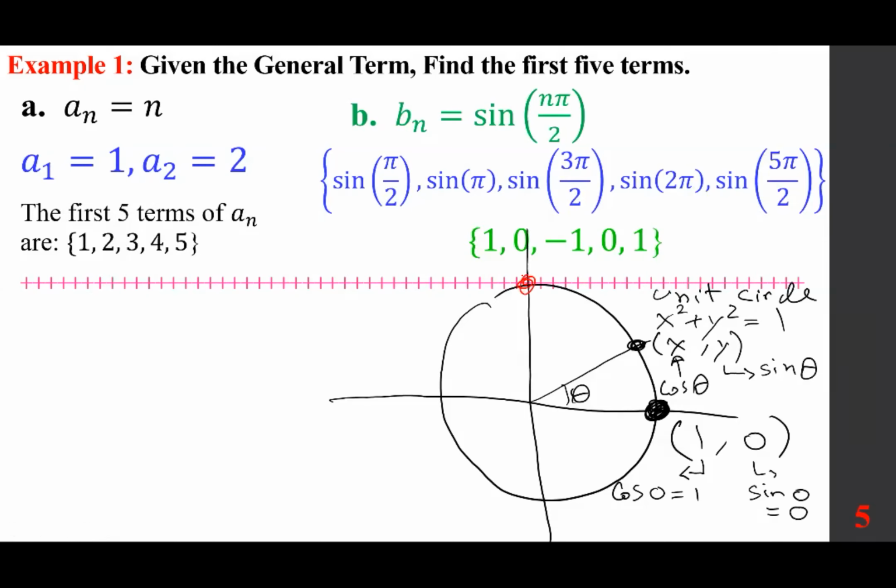If you look at this point, which has coordinates 0, 1, this is pi over 2 or 90 degrees. So cosine of pi over 2 or 90 degrees is 0. Sine of pi over 2 or 90 degrees is 1.